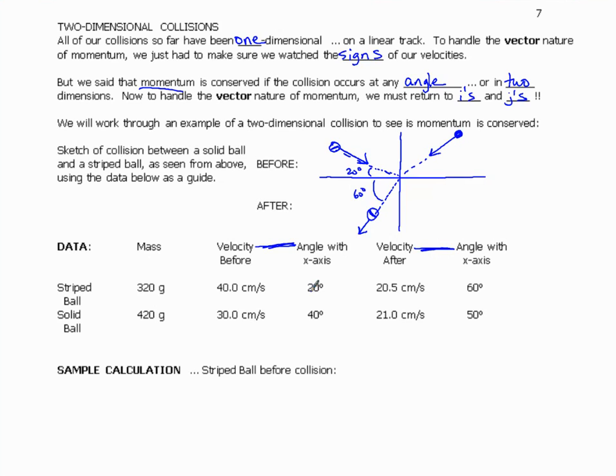We've looked at this one. Now for the solid ball, which originally has an angle of 40 degrees from the x-axis. And then afterwards, it's going to move off in this direction, at an angle of 50 degrees from the x-axis.